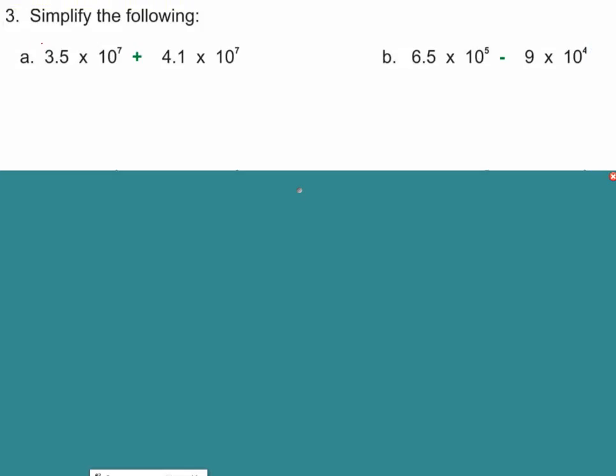You're adding like terms. 3.5 of them, and let me box in the sign like I usually do, plus 4.1 of them. Gee, this is so hard. Like, how about 7.6 of them? It's just like terms.